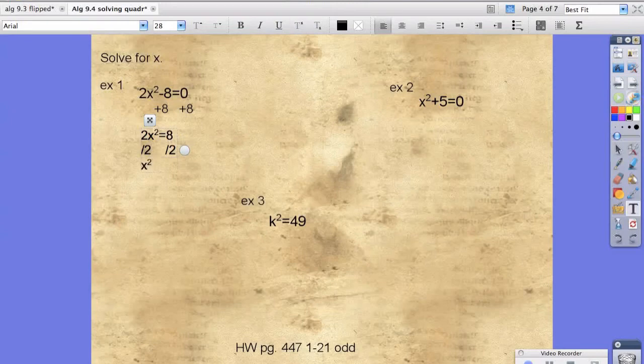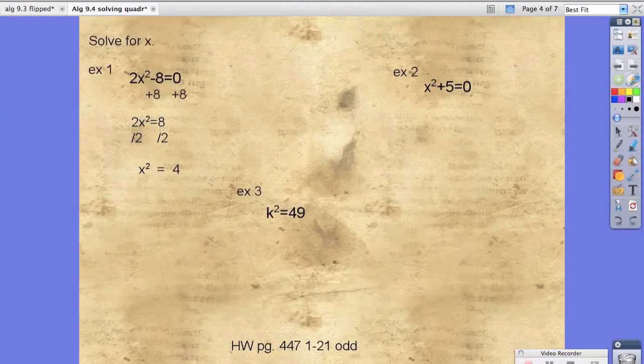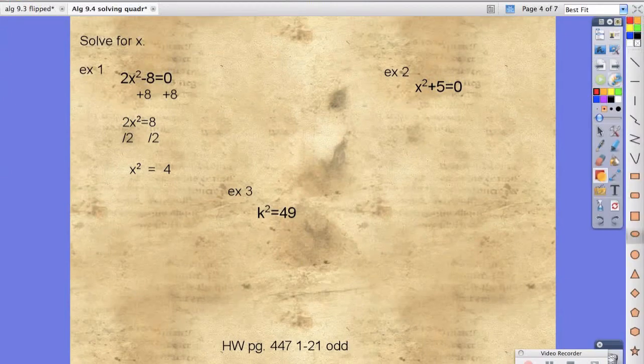We have x squared equals 4. And just to reiterate, the opposite of a square is a square root. So in order for us to get the x by itself, we need to get rid of the square. And the way that we do that is by doing the opposite. So the opposite of a square, again, is a square root.